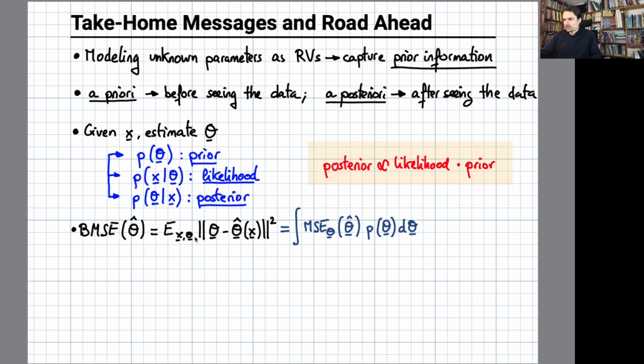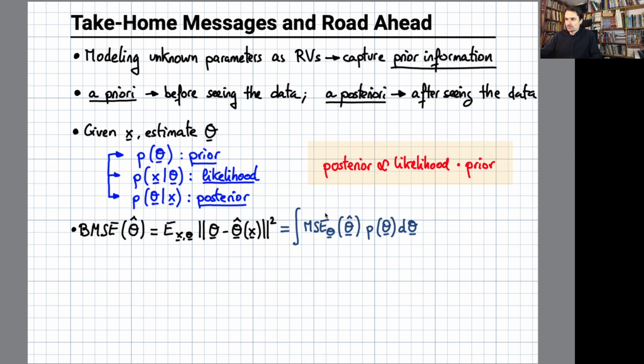It is defined as this expectation over both the data and the parameters, as opposed to the MSE in classical estimation, which was the average only over X. And we also showed the relation between the BMSE and the classical MSE, right?